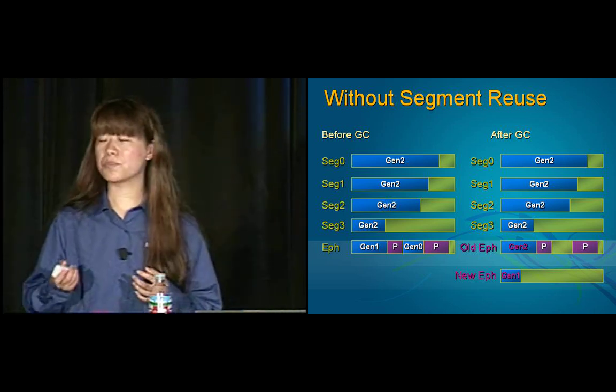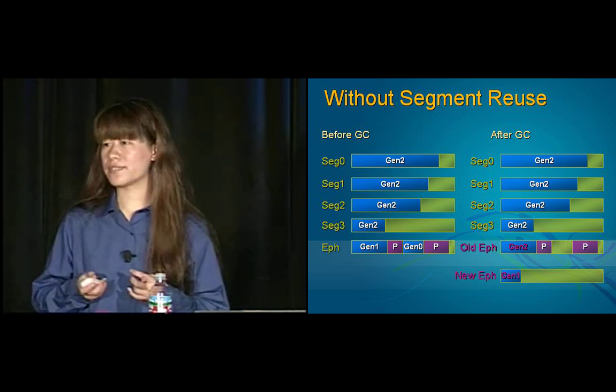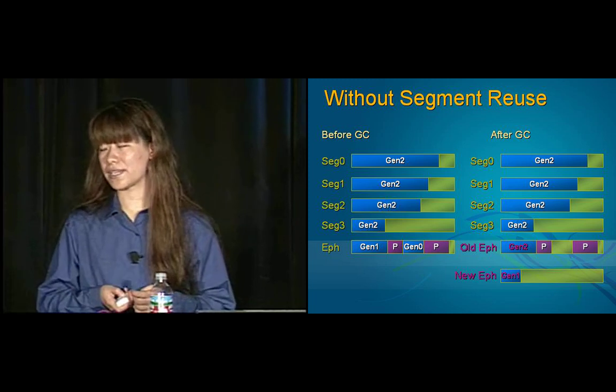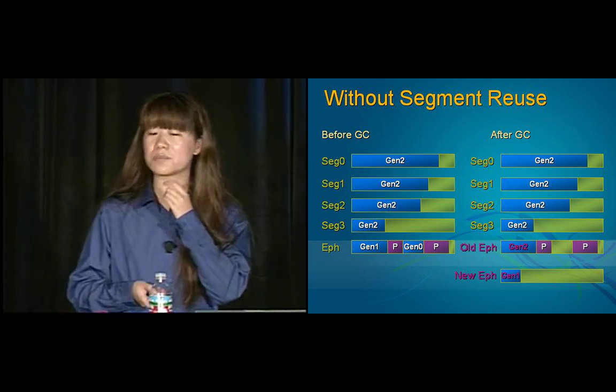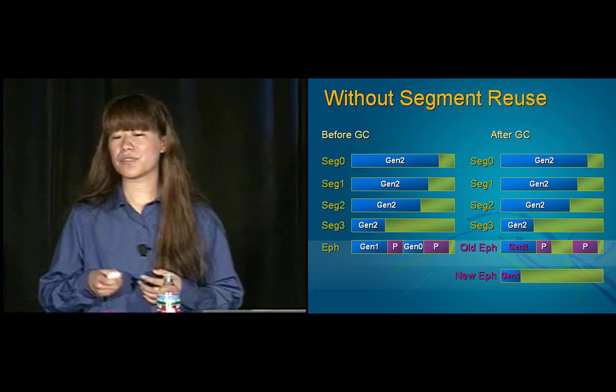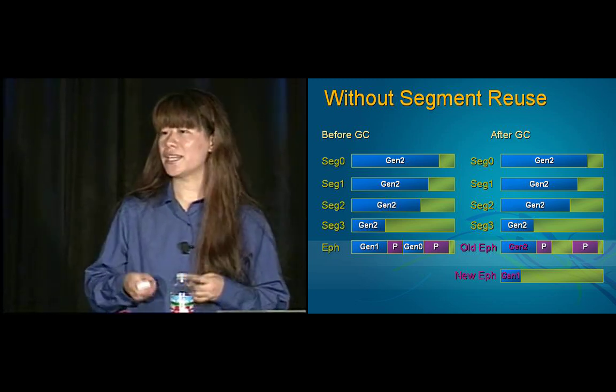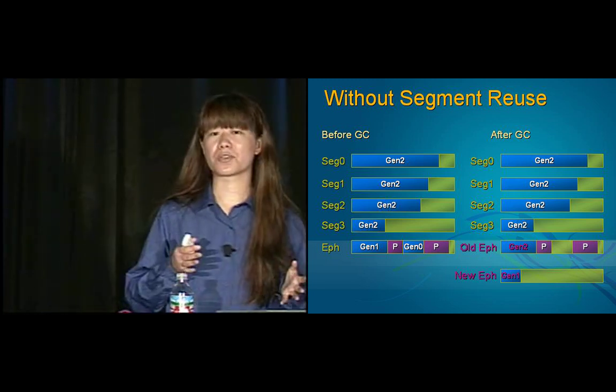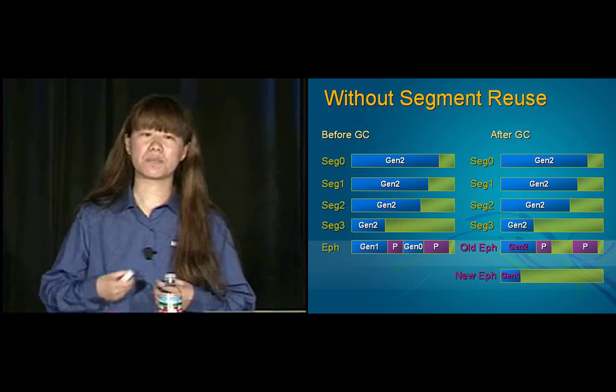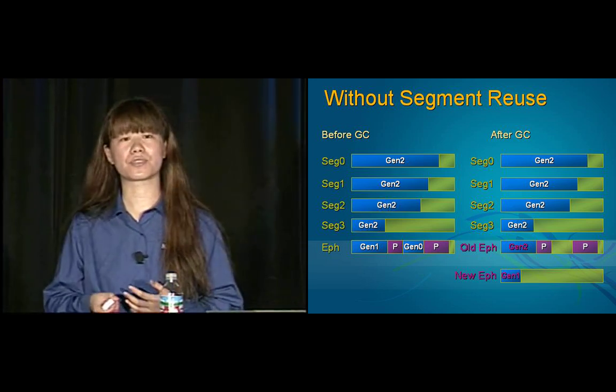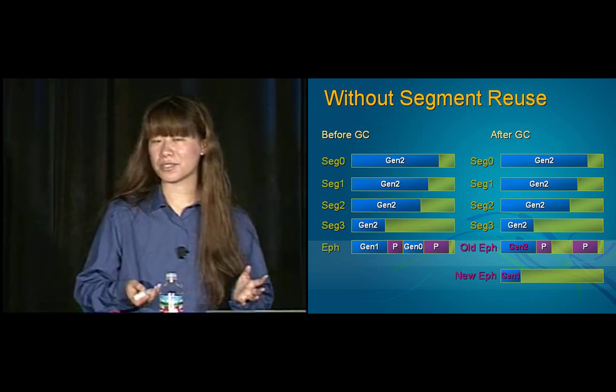Then we leave those 2 pins in the old ephemeral segment, which is now a Gen 2 segment. As this process goes on, you have more and more Gen 2 segments. Even when some of them are quite empty, we still have to keep acquiring a new segment for the new ephemeral segment. And that's not a good situation.